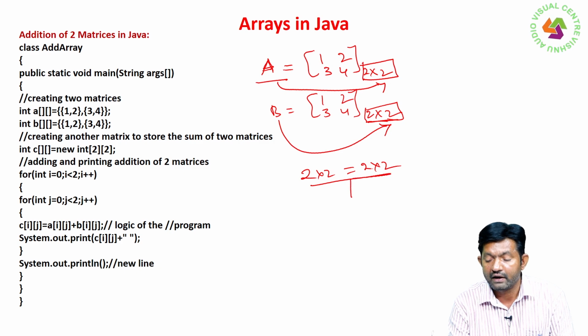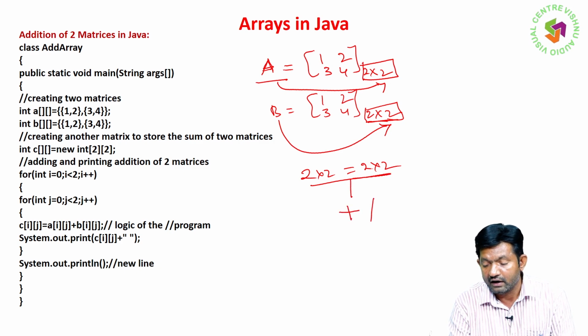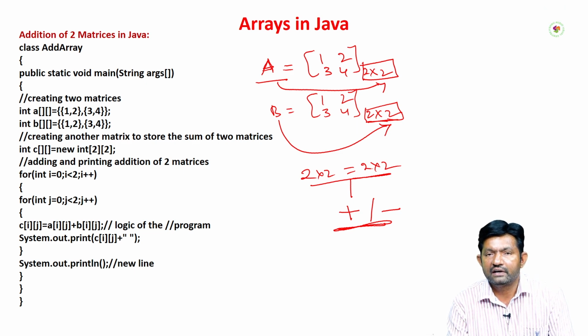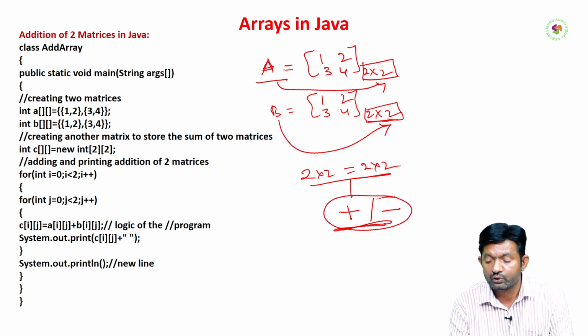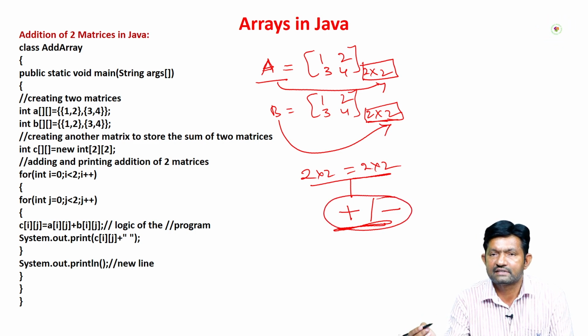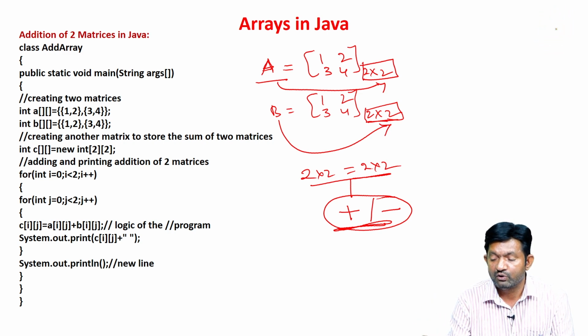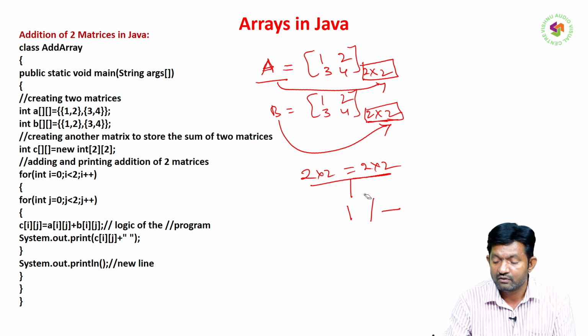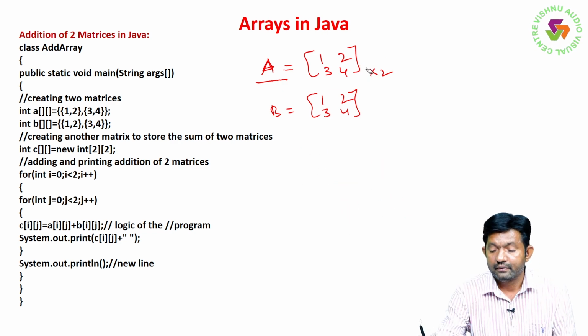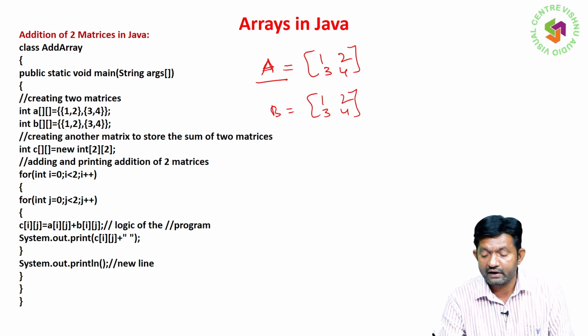Then only matrix addition and subtraction is possible, or else matrix addition and subtraction is not possible. It is the fundamental rule, that the size of matrix A and the size of matrix B are both the same, then only matrix addition is possible. It is the rule.